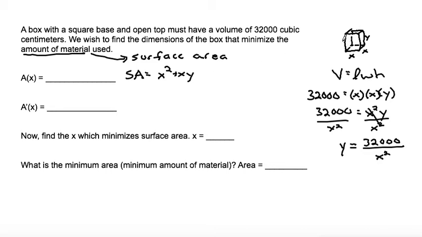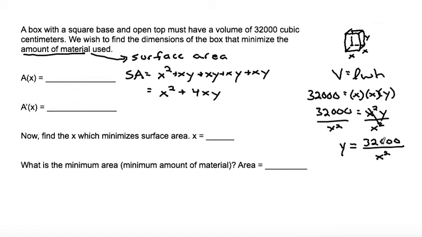The left-hand side would be x times y again, the right-hand side would be x times y, and the back of the box would also be x times y. Okay, so we can simplify our surface area formula: we have xy, xy, xy, xy, so that's 4xy. It would be x squared plus 4xy.